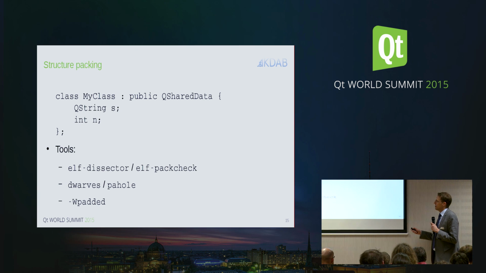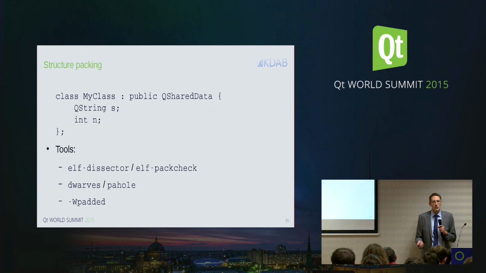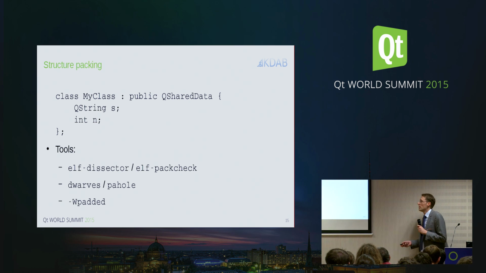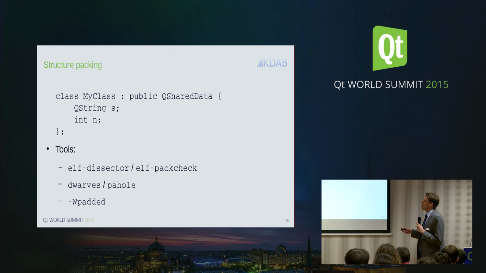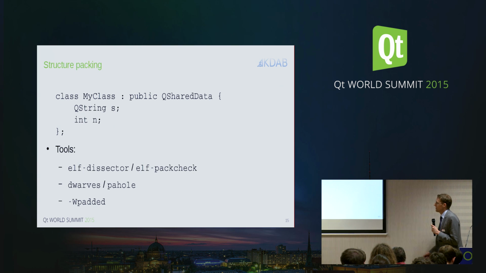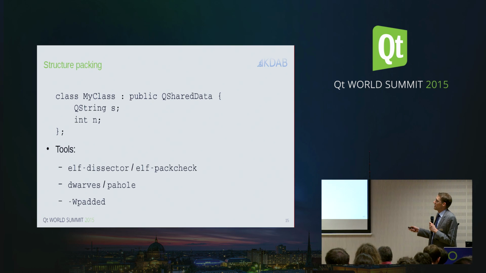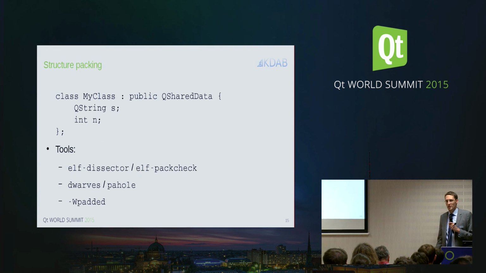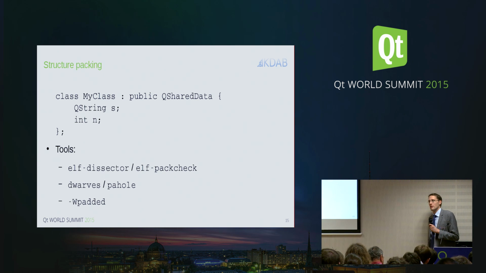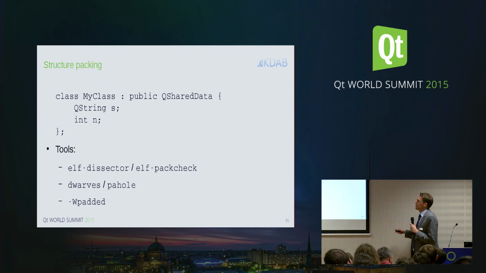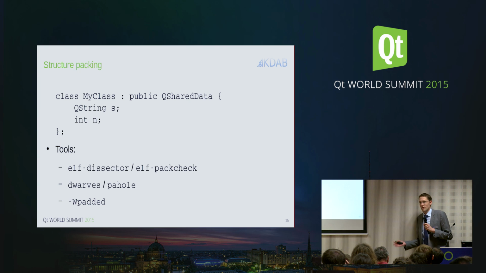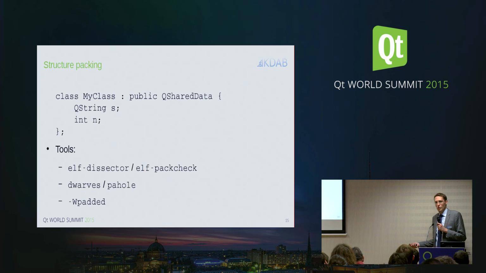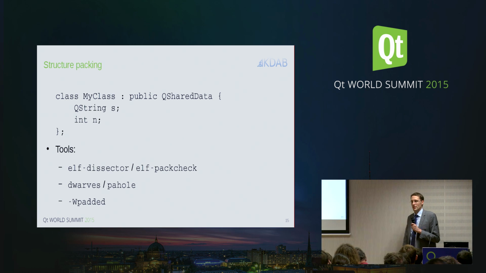QSharedData, for example, that is a common base class if you do implicitly shared value classes. That has a size of 4 bytes. Assuming this is an 8-byte alignment architecture, this actually has like 30% padding, 30% loss in memory. If we would change the member variables, taking into account knowledge about the Qt base classes, we would save those 30%. So if this is a high volume value class, that is actually quite significant.